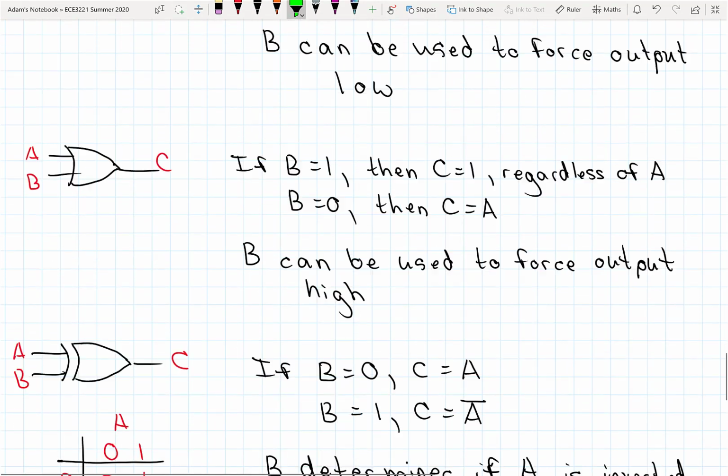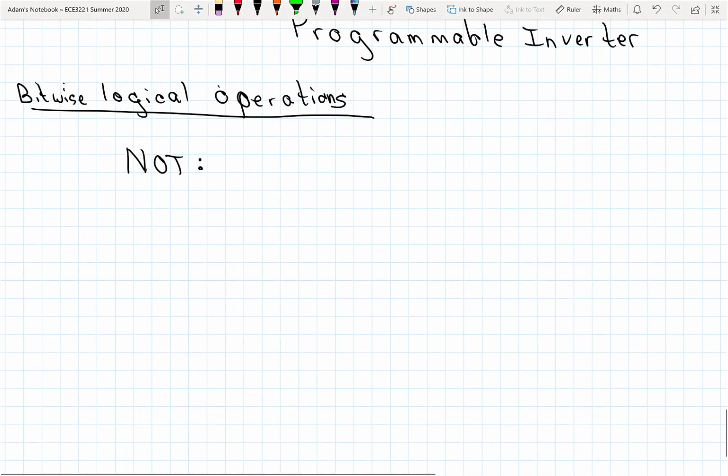So that type of logical operation is often referred to as a unary operation, which refers to an operation with a single operand.